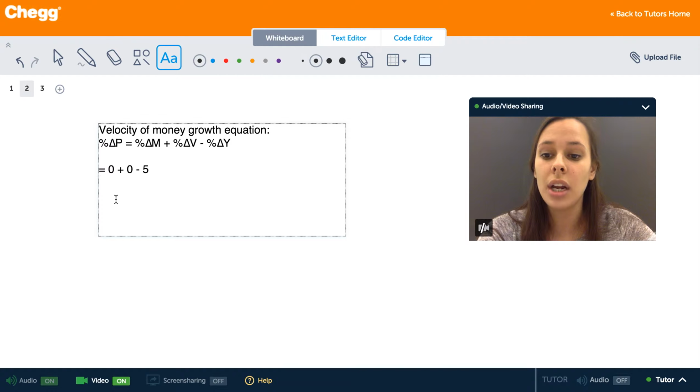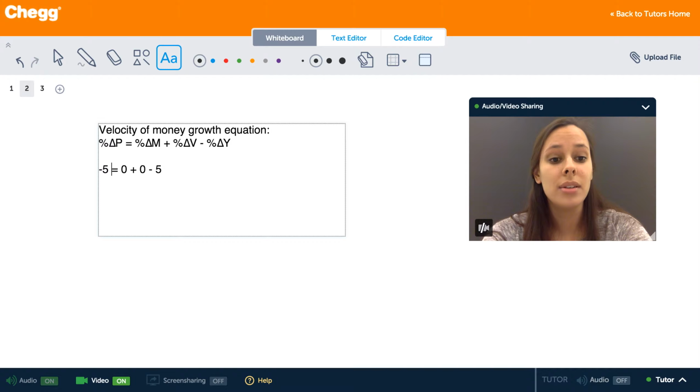How does this work? Well, instead of changing the money supply and having fewer dollars, we have the same number of dollars but more goods to buy. So going back to my previous example of having $10 and 10 goods to buy, now we might have $10 but 20 goods to buy. We have more goods but the same number of dollars.